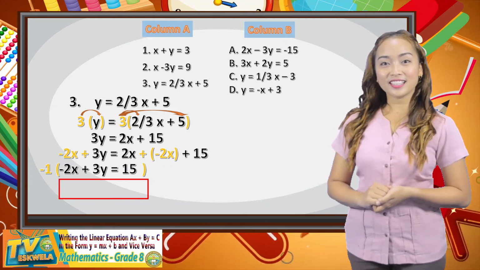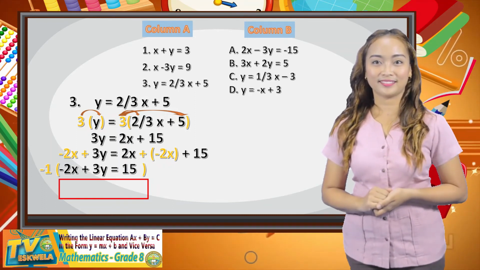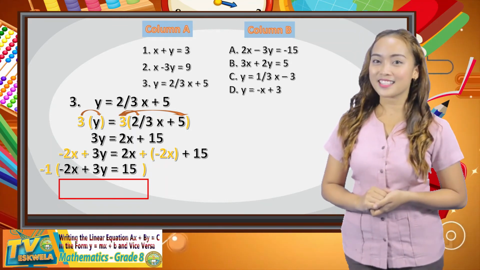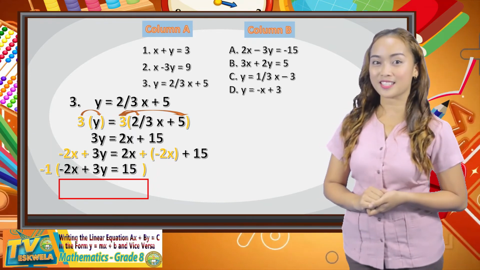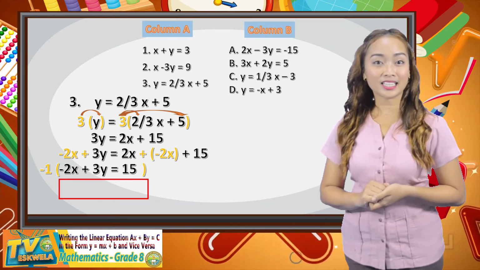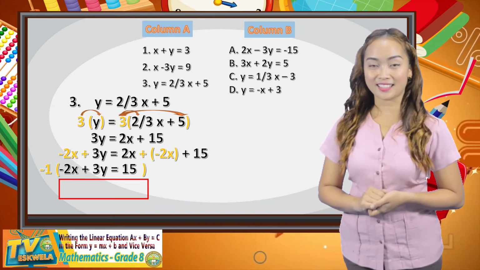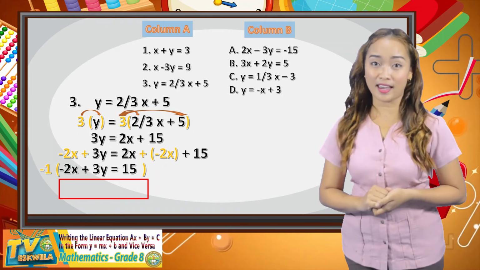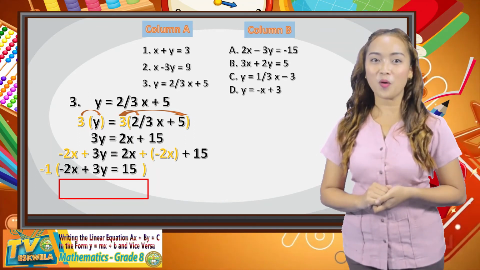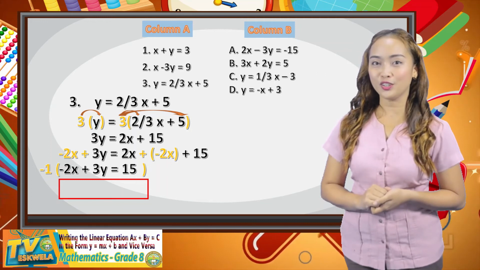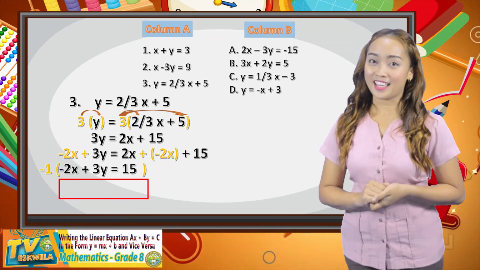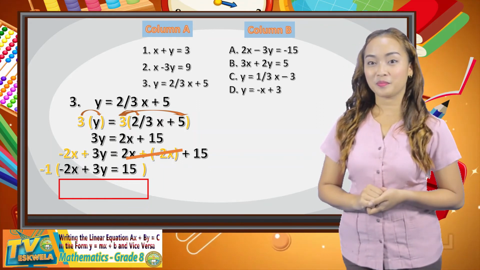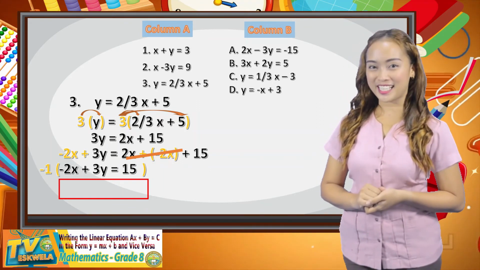Next, isolate the y-intercept. By addition property of equality, let's eliminate 2x by adding negative 2x in both sides. We have negative 2x plus 3y is equal to, cancel 2x plus negative 2x, and we isolated 15.